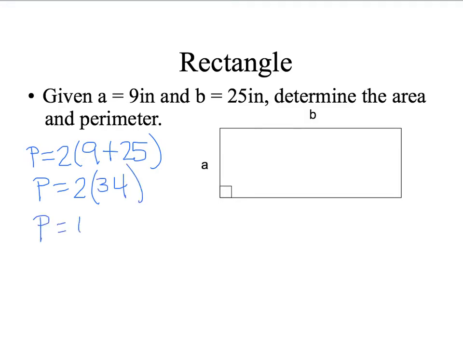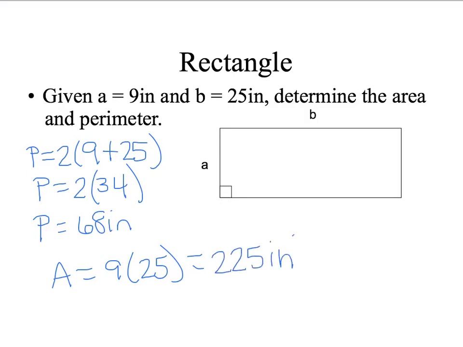So the perimeter is equal to 68 inches. And then the area is just the length times the width. And so 9 times 25 is 225 inches squared.